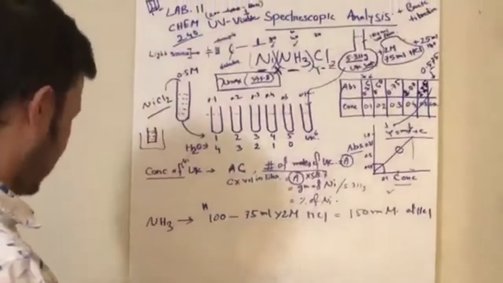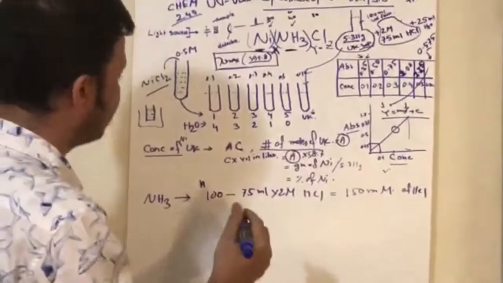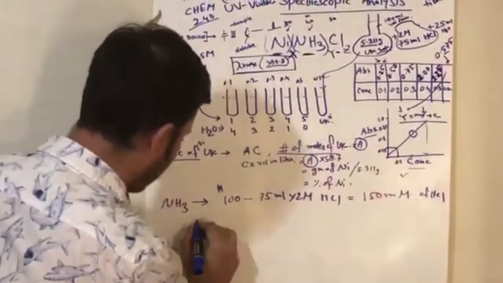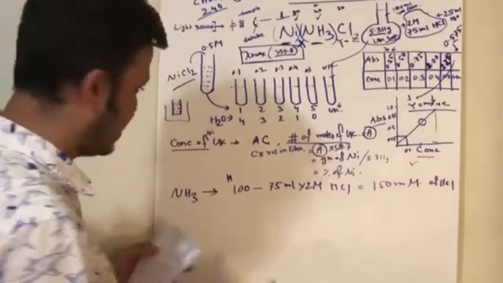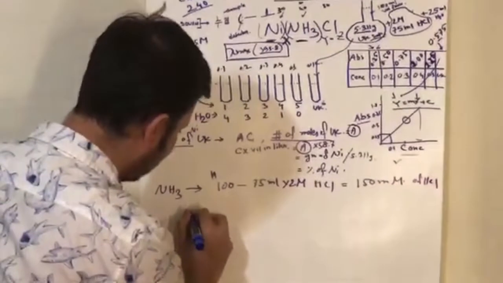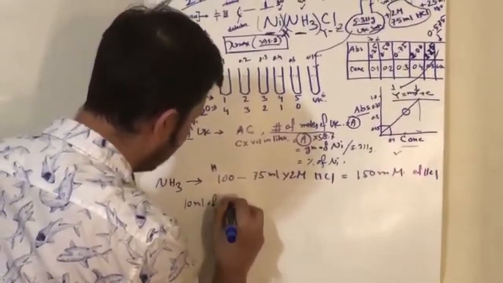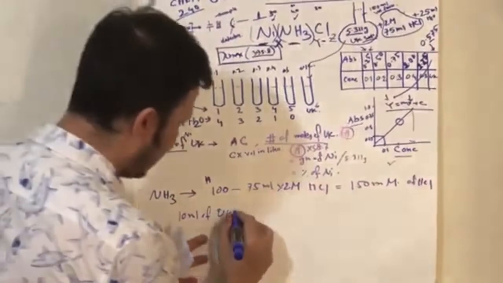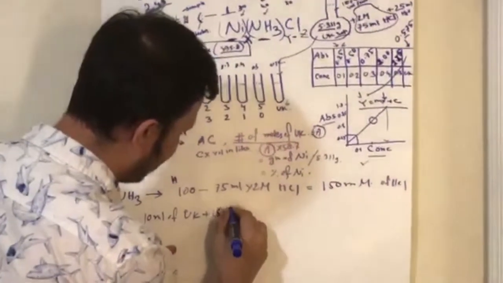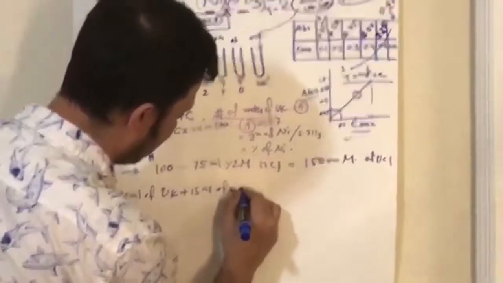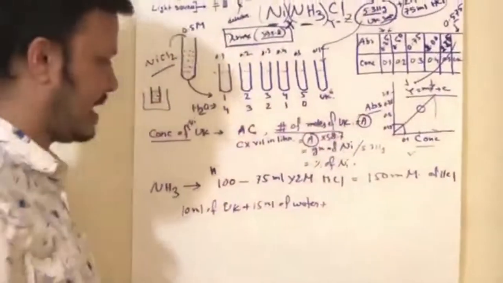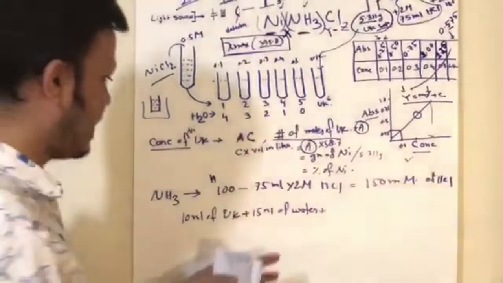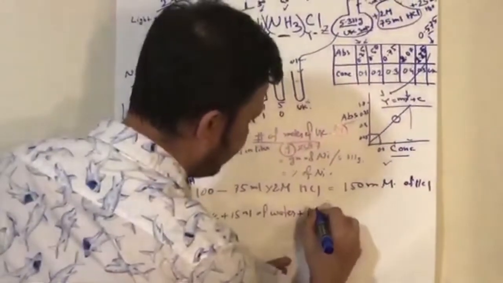So now you have to do the back titration. What will you do? You will take 10 ml of the unknown, and add 15 ml of water and do the pH metric titration.